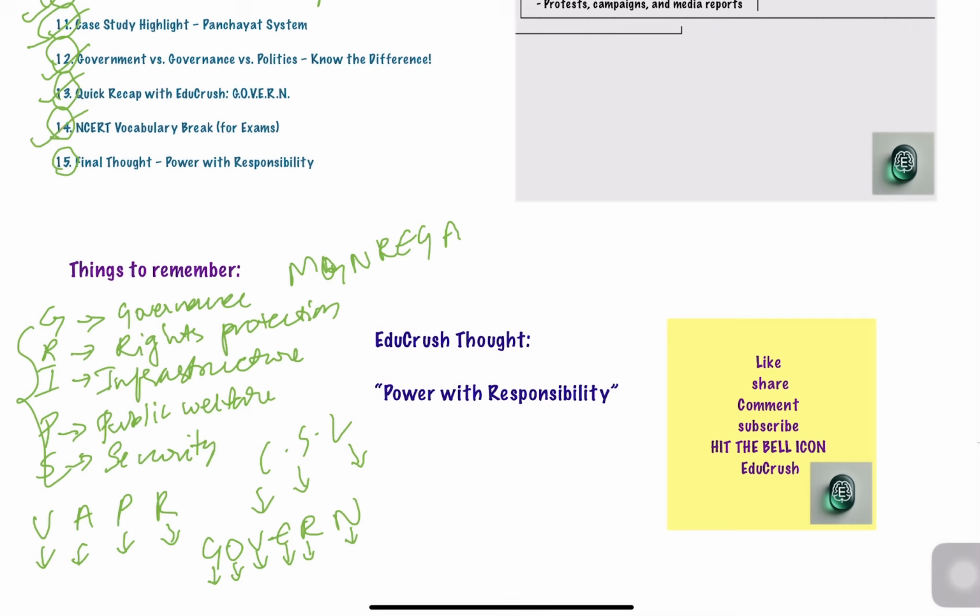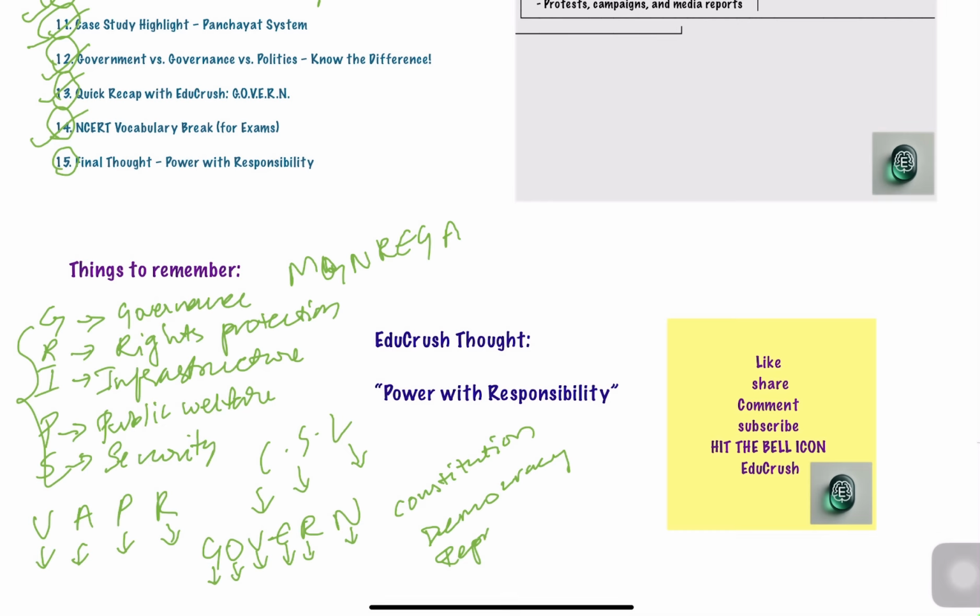Next, the 14th one, NCERT vocabulary break for exams. These words often pop up in SSC and UPSC. Constitution, which means basic rules to govern a country. Next, democracy, which means government by the people.